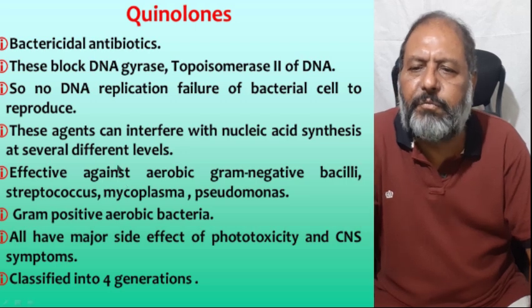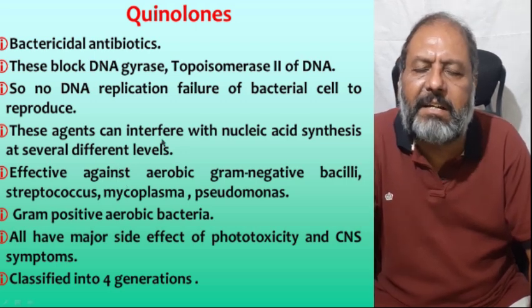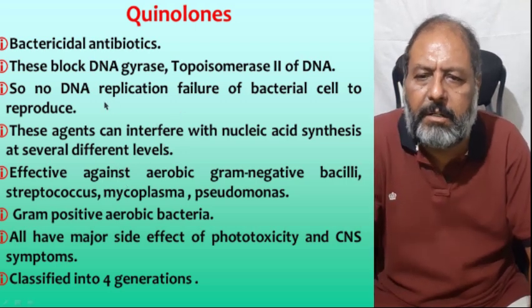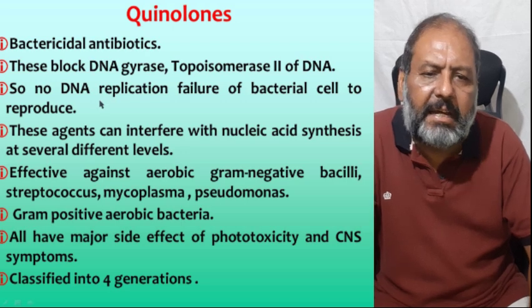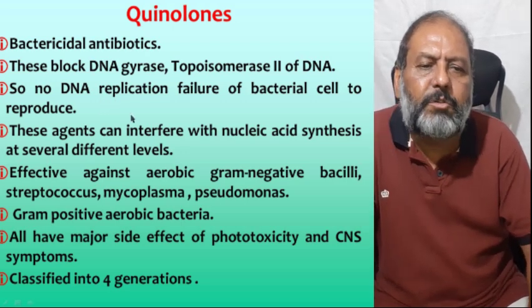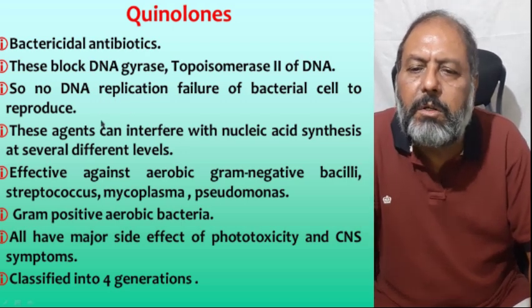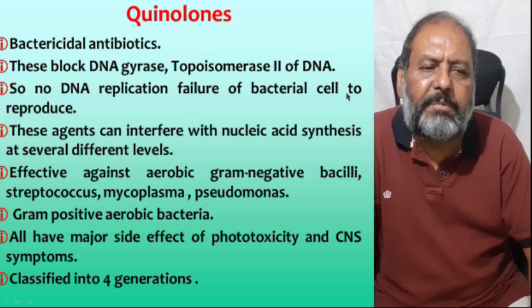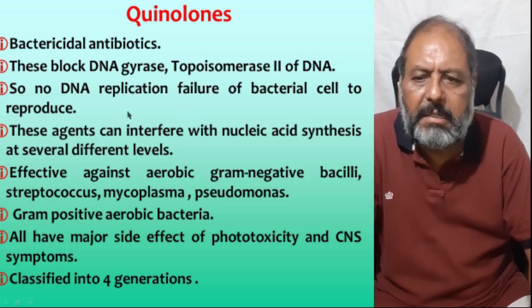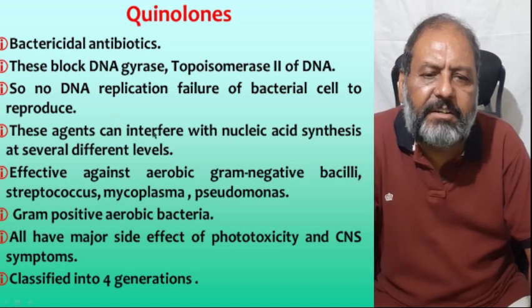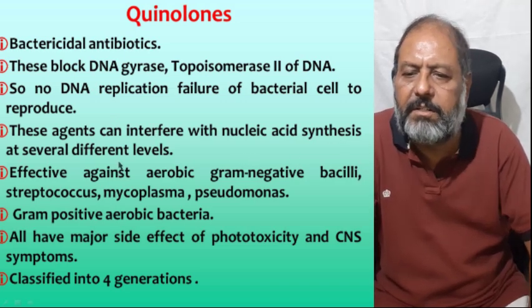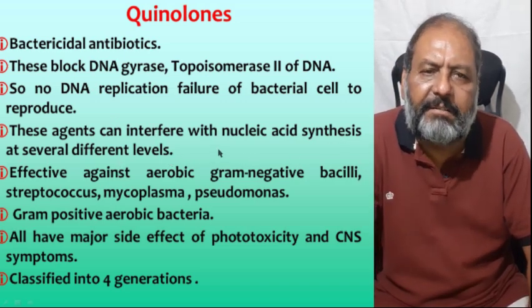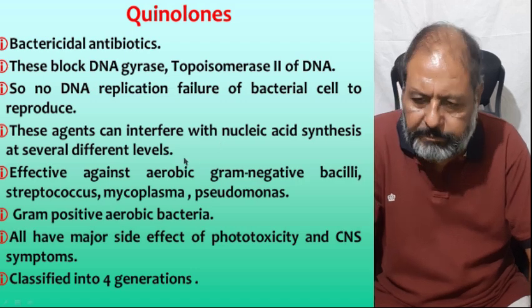The quinolones first: these are bactericidal antibiotics, very strong antibiotics. These block DNA gyrase, topoisomerase 2 of the DNA. So no DNA replication can occur, leading to failure of the bacterial cell to reproduce, and these agents can interfere with nucleic acid synthesis at several different levels, as I have already told you.